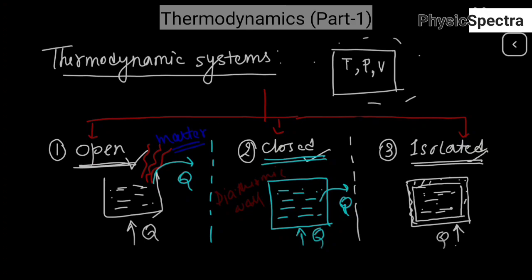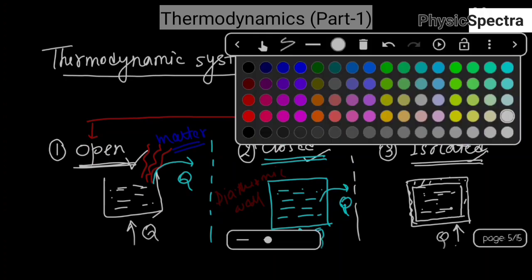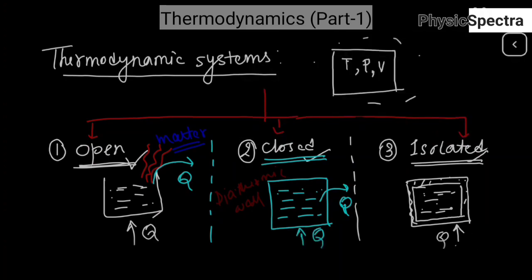Now the walls that we have considered in this case are known as adiabatic walls. Remember the name, adiabatic walls. Now what does this wall do? It does not allow any matter or any heat to escape outside the system.